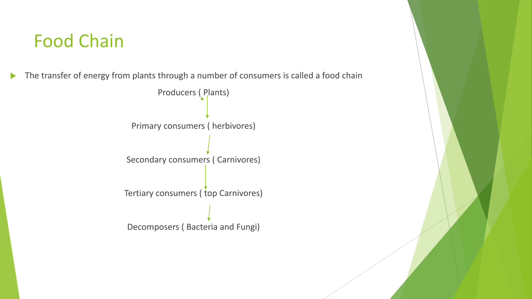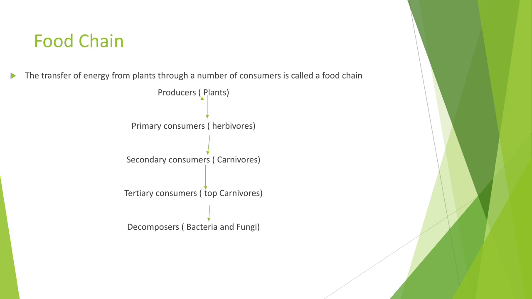The producer is grass, the primary consumer is deer, the secondary consumer is tiger. So this is the food chain. The plants are eaten by the deer, and the deer is eaten by the tiger.